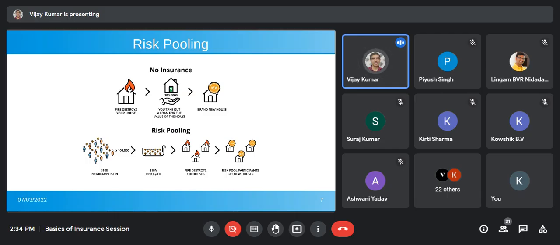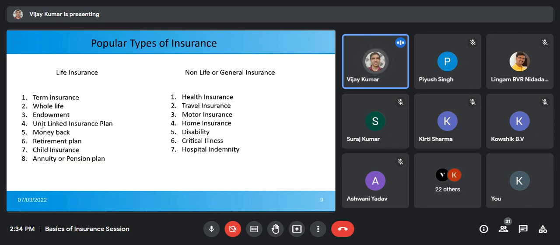So now 10 million, if they can invest and get another 1 million, right? So the risk pool will also keep increasing. So this is another concept of unit-linked insurance plan where all of the premium paid by a customer will be further invested in some other things where they can get more returns.